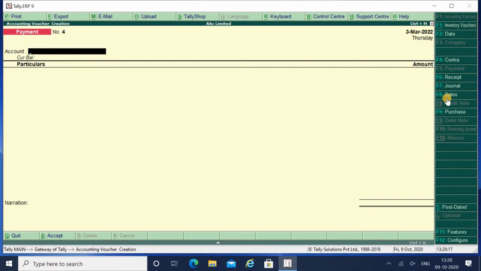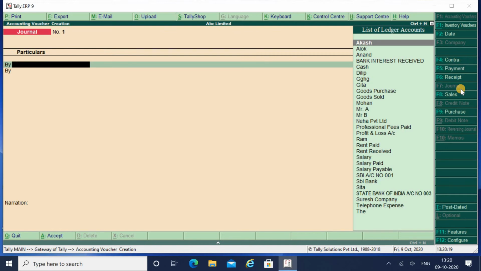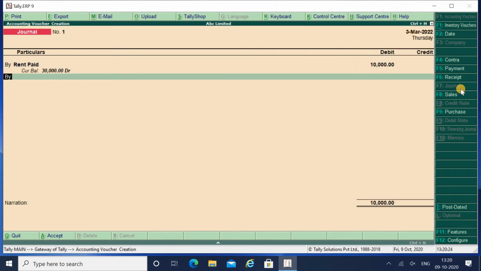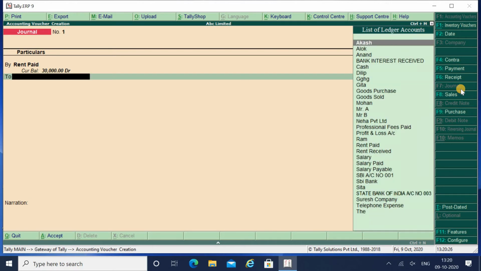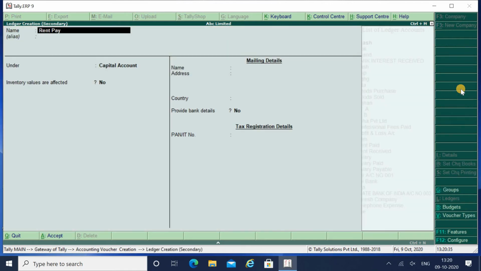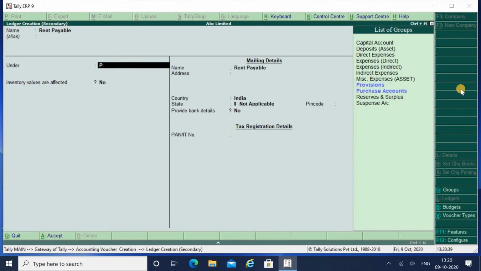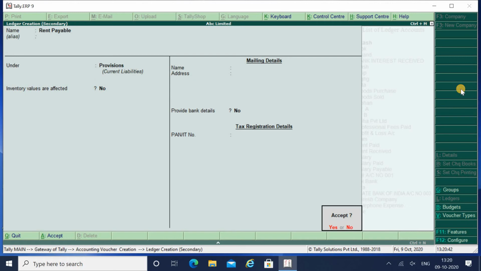So what method are we using? First of all, go to journal, debit your expense, that is rent paid. It was for the month of March, and to whom will you credit? Not to cash or bank, because physically we have not made any payment till 31st of March. So it should be grouped under rent payable, which should be the ledger, and it should be grouped under provisions.